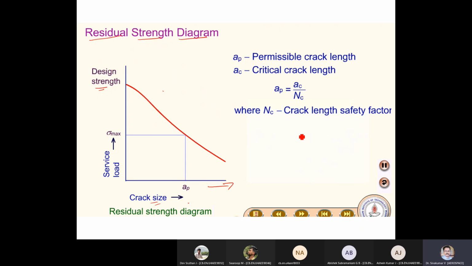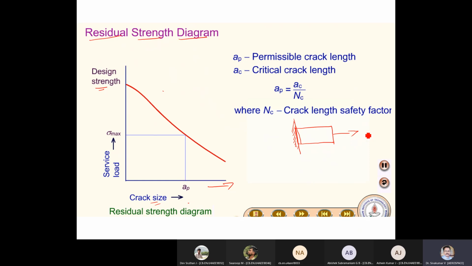Suppose I have a component and I am applying a load. The component is a pure component, assuming that there is no crack.